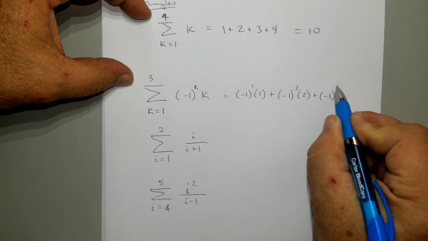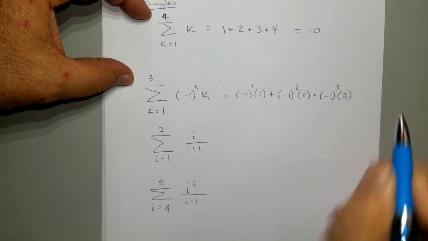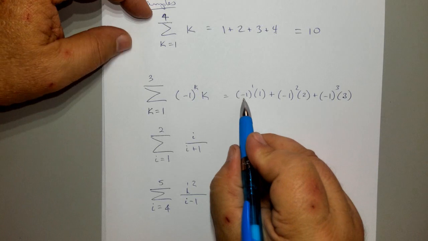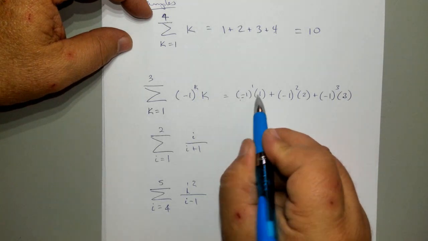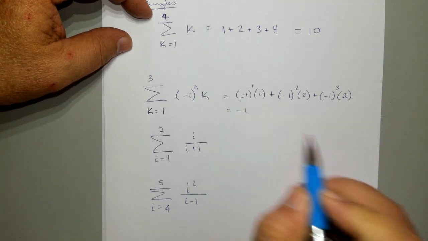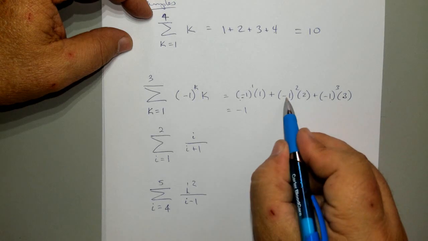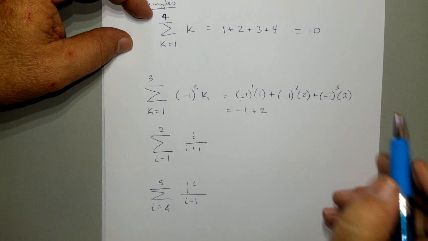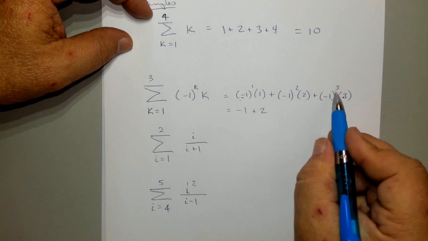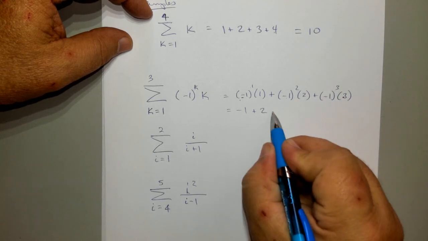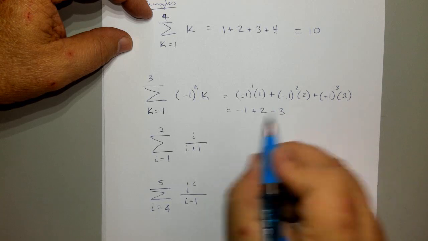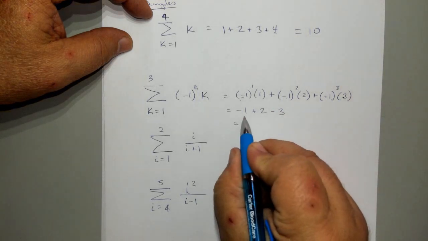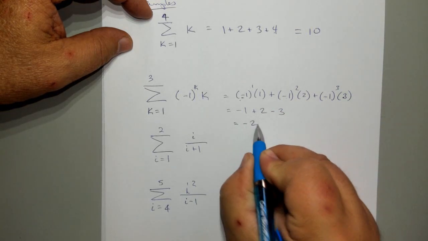Negative 1 to the power of 3 of 3. So this is negative 1 times 1 is negative 1. Negative 1 squared is 1 times 2 is 2. Negative 1 cubed is negative 1 times 3 is negative 3. So negative 4 plus 2 is negative 2.